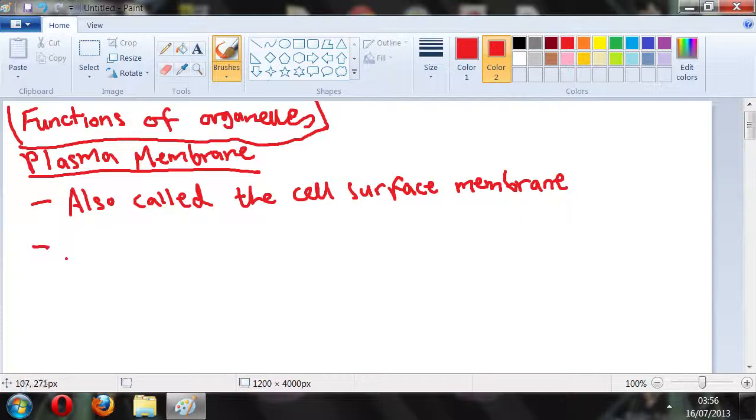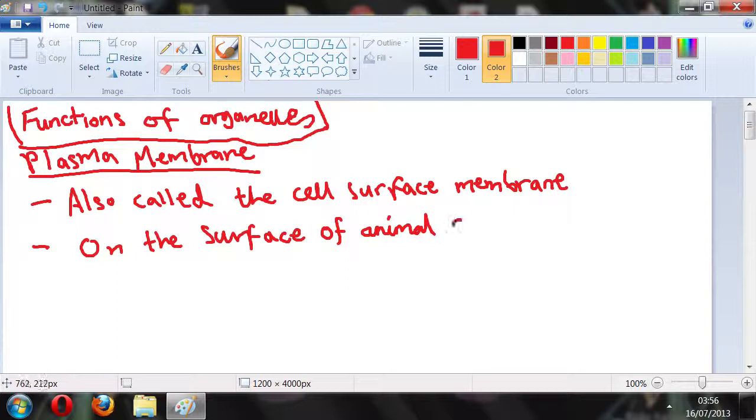Let's think of a definition. It's basically on the surface of animal cells. I think I might just put it just below.